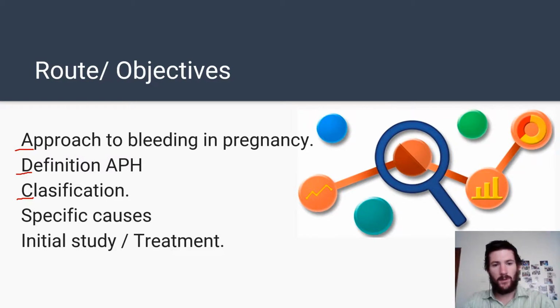We're going to classify and look at the specific causes of each type of bleeding, and how to perform the initial study and the treatment. And finally, we're going to talk a little about the triage of these patients, like how we select the severe patients, when we have to call the consultant, when we can discharge the patient by ourselves, etc.